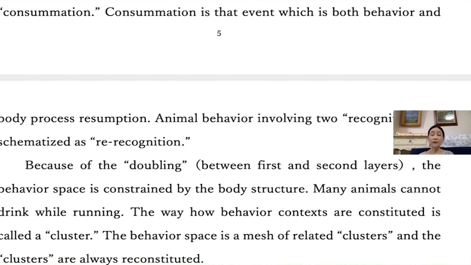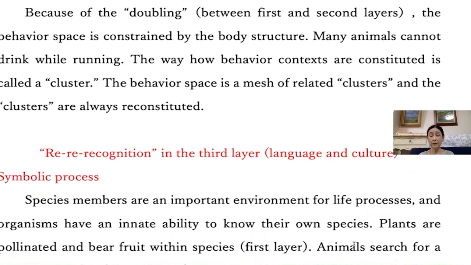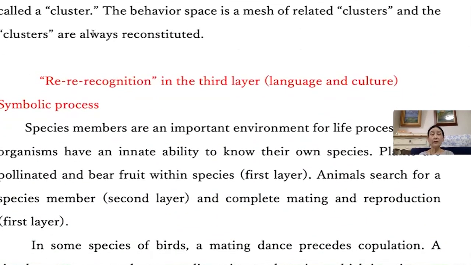Many animals cannot drink while running. The way behavioral contexts are constituted is called a cluster. The behavior space is a mesh of related clusters, and the clusters are always reconstituted.